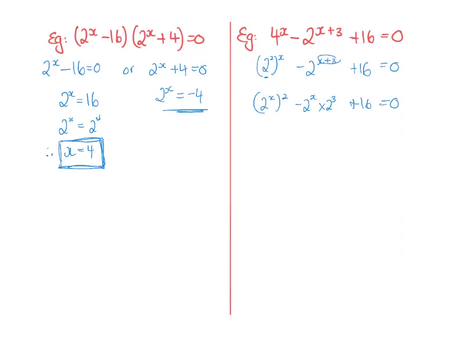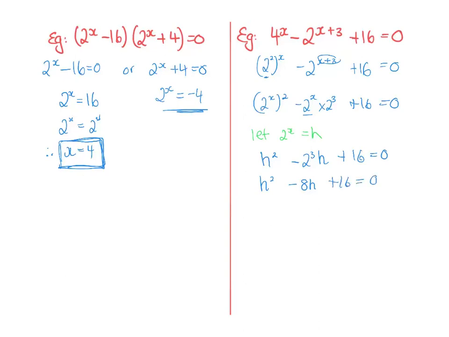Now, again, we'd say, all right, let 2 to the power of x be h. I'm just making this letter up, I just like using h. So we've got h squared minus 2 to the power of 3 times h, plus 16 equals 0. So 2 to the power of 3, that's an easy one, 8h, plus 16 equals 0.